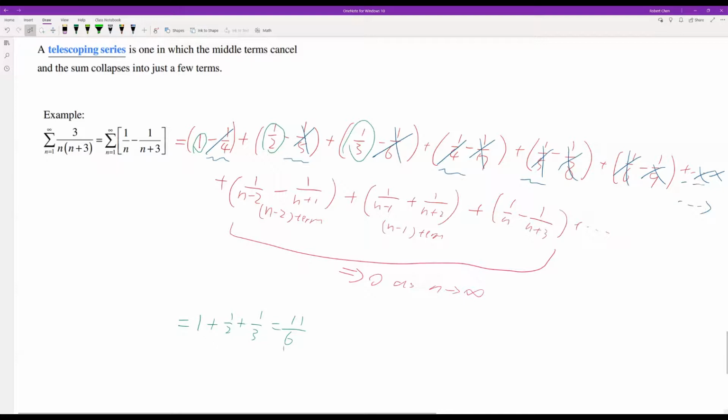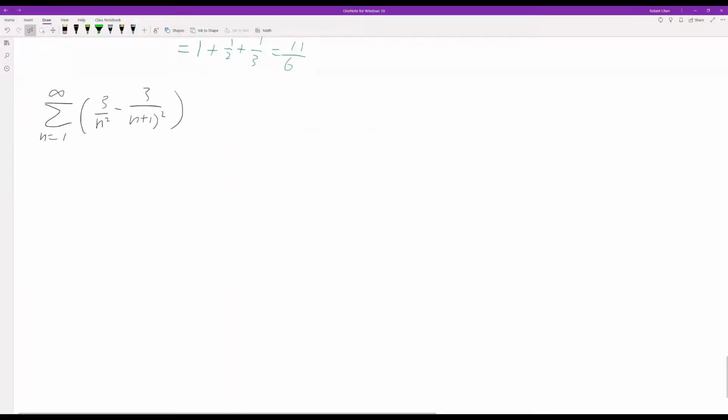And let's look at a few more examples. So I'm going to show you a slightly different technique to find the sum of a telescoping series. Right, so here is our telescoping series. Well, we don't know if it's telescoping because we have to show whether it cancels out or not. All right, so the first thing is we just want to look at a partial sum of the n terms. Right, so that's why the first few ones.